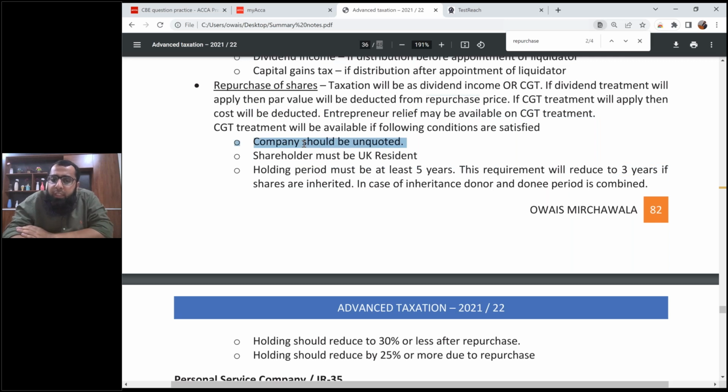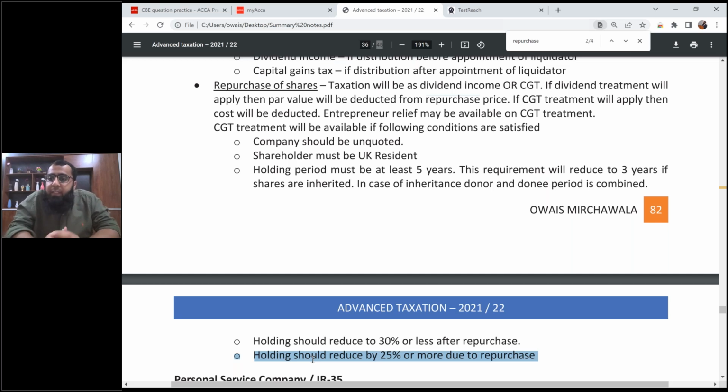The company should be unquoted. The shareholder must be UK resident. Holding period must be at least 5 years. Holding should reduce to 30% or less, and holding should reduce by 25% or more.